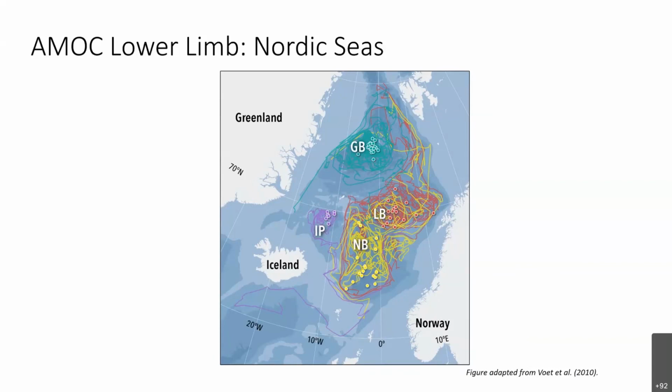And the only point I wanted to make here really was that they were also able to do some mapping and actually estimate transports in these various internal recirculations or gyres that you can see in the individual basins, where the flow is very bathymetrically constrained. But they can use floats, if you have enough, to make transport estimates.